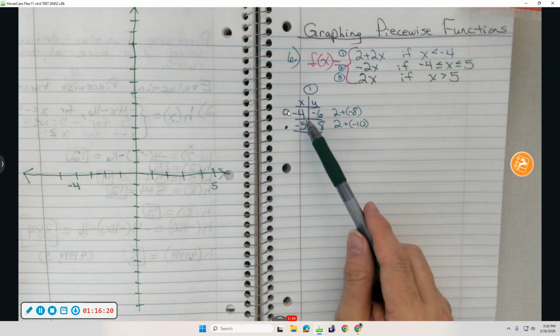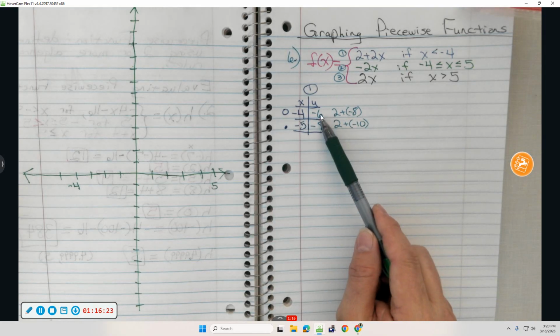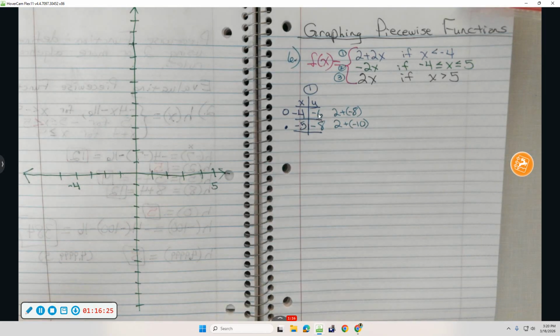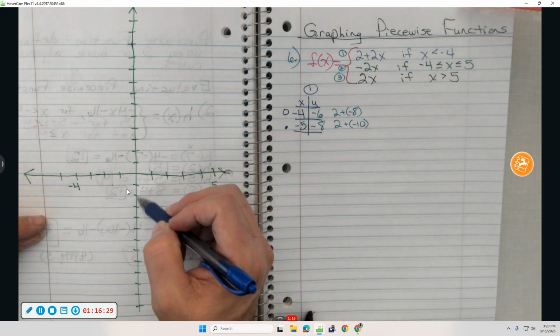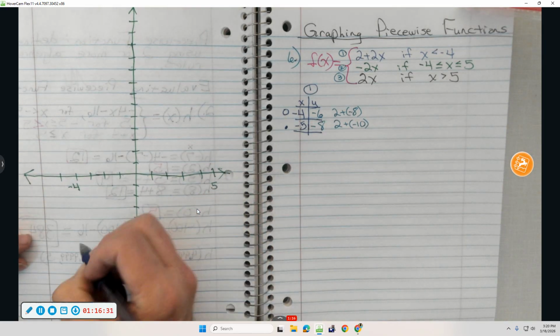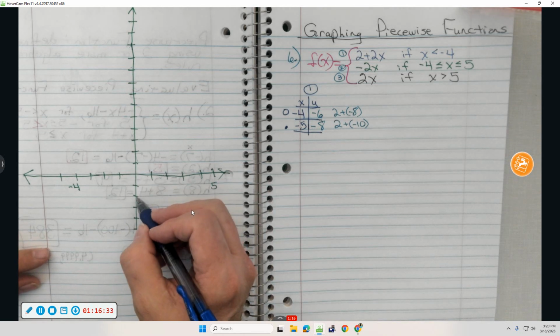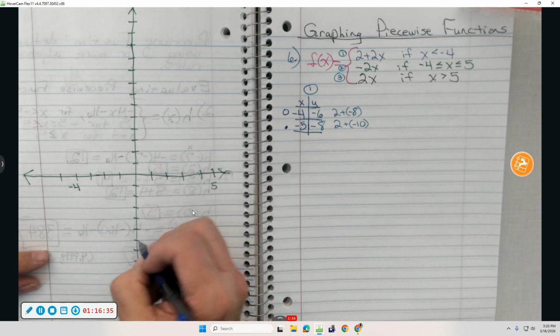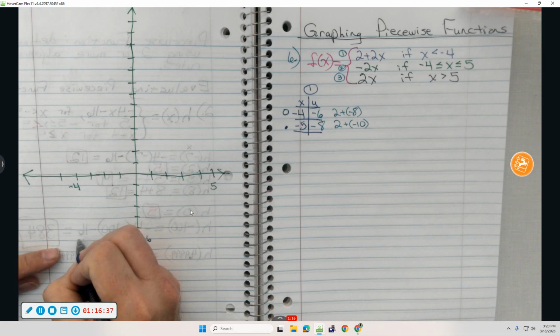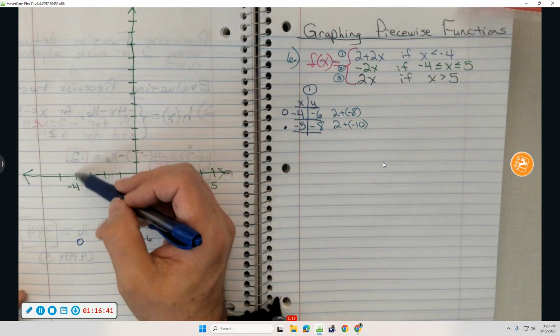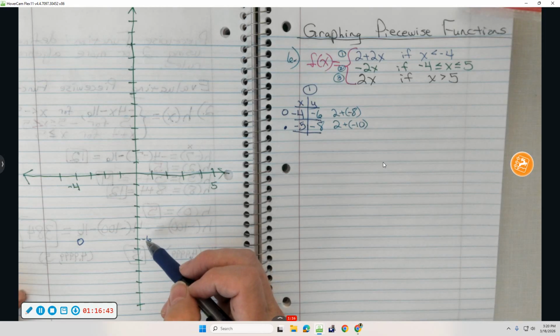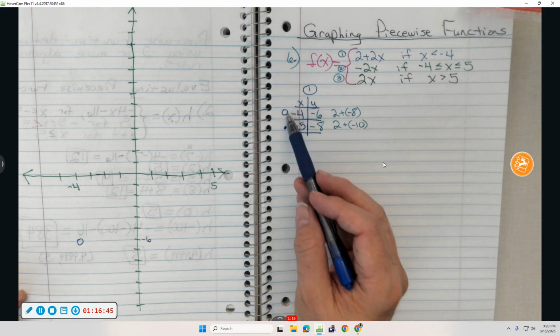We have the ordered pair -4, -6. That's an open circle. That's our starting point. So that would be right there. -4, -6 has an open circle.